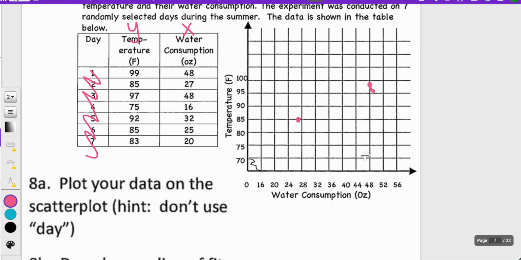We have 16 ounces, 75 degrees, 32 ounces, 92 degrees, 25 ounces, 85 degrees, and 20 ounces, 83 degrees.